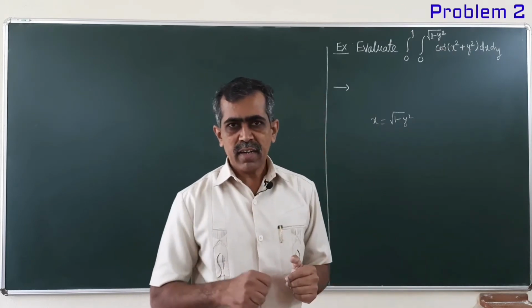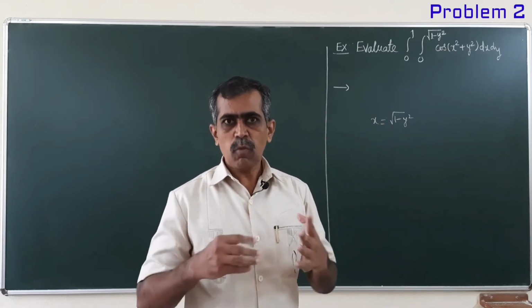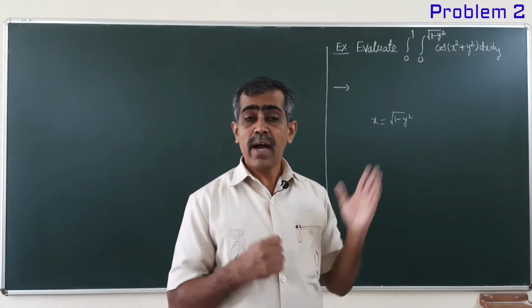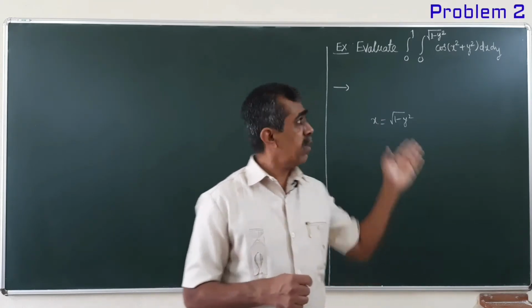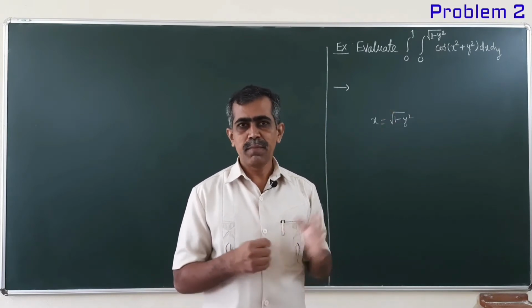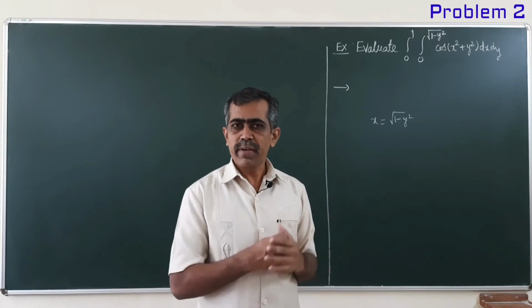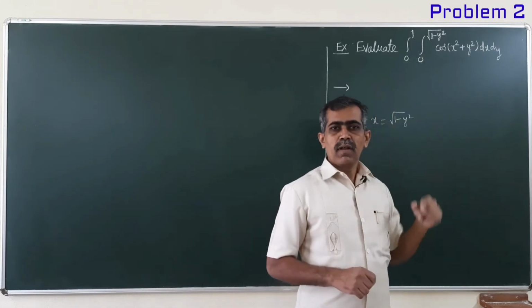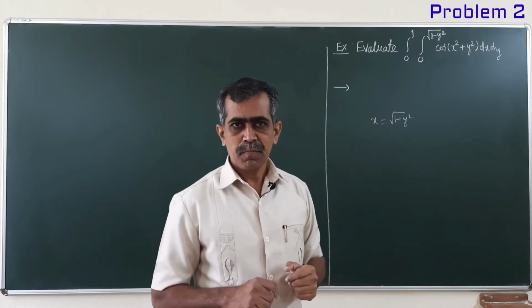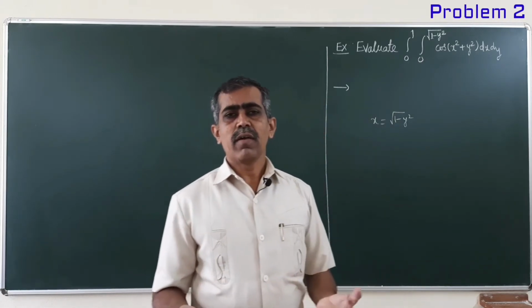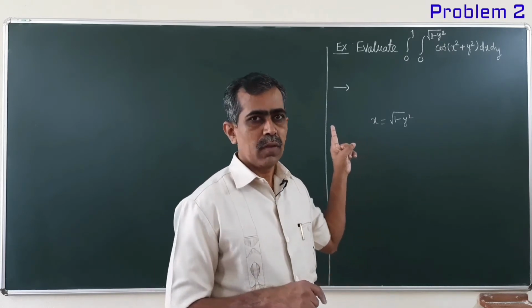Can you take its integral directly using any formula? We don't know how to take the integral directly. There is no direct formula for the integral of cos of x square plus y square, so it is very difficult to take the integral using usual ways. That's why change of variable is a must, and when we solve the problem you will easily get the answer.